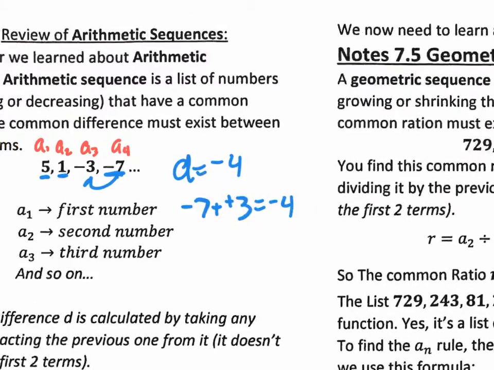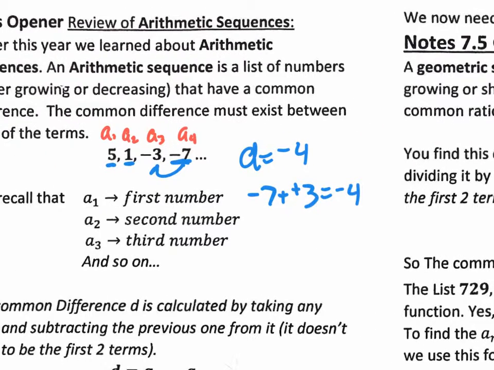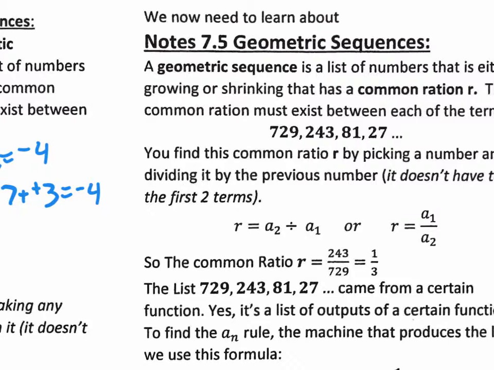So on the other one, we were subtracting. You picked a number and you subtracted the previous number from it. On this one, you pick a number and you divide it by the previous number. Okay? So it says right here, r, you could do a sub 2, which is this one, divided by a sub 1, which is this one, and that'll be the common ratio.